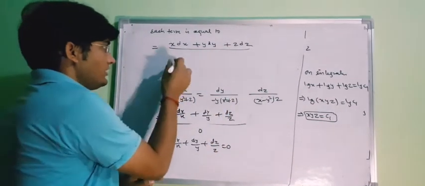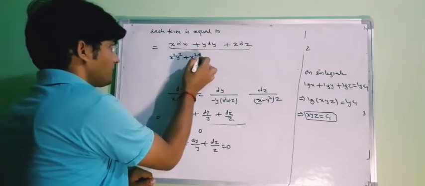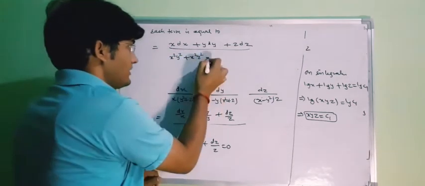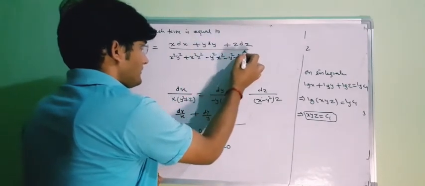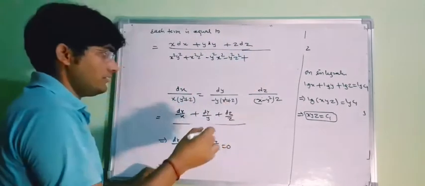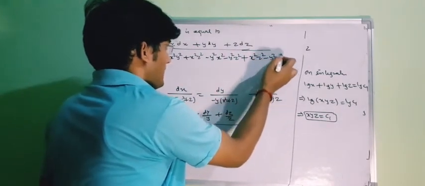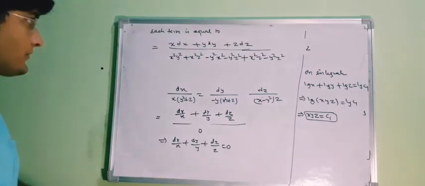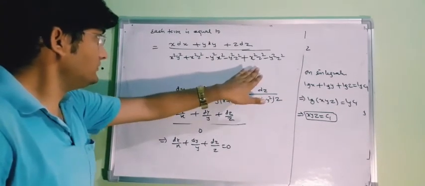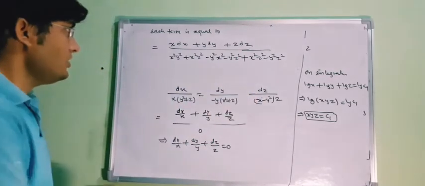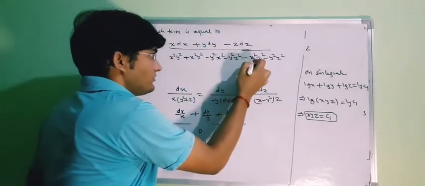So now if you take x here, then we will get x square y square plus x square z square, and here we will get y square minus x square and minus y square into z square. Then in the third term we will have x square z square minus y square z square. Now this term is not 0. So if you take minus z here, then we will have to take one minus sign here.